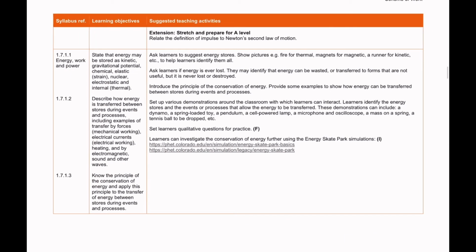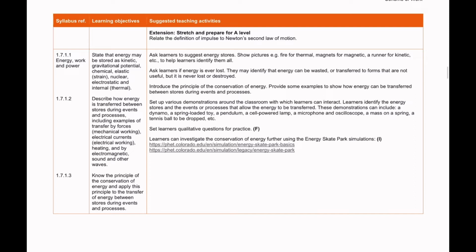Key concept 1.7.1.1 Energy, Work, and Power. Learning objectives. State that energy may be stored as kinetic, gravitational potential, elastic strain, nuclear, electrostatic, and internal thermal.